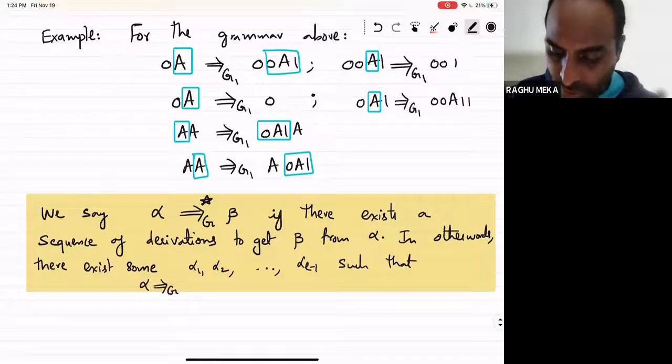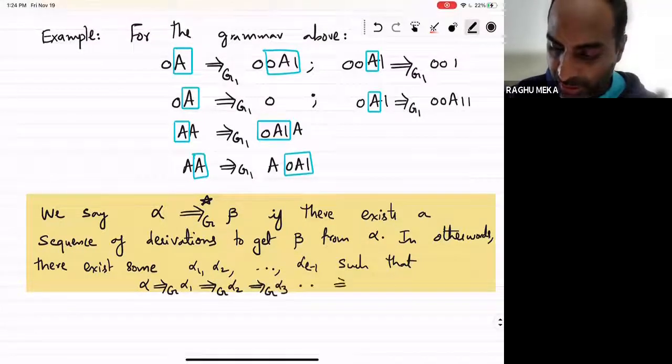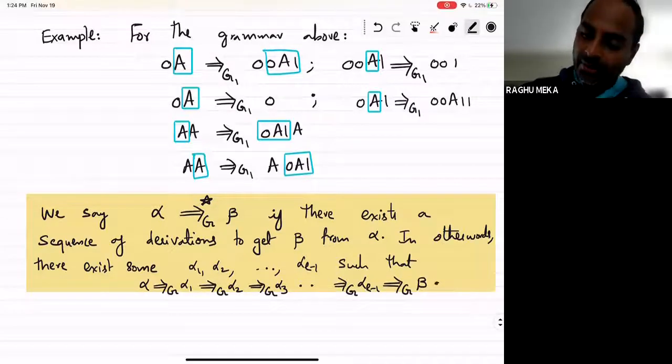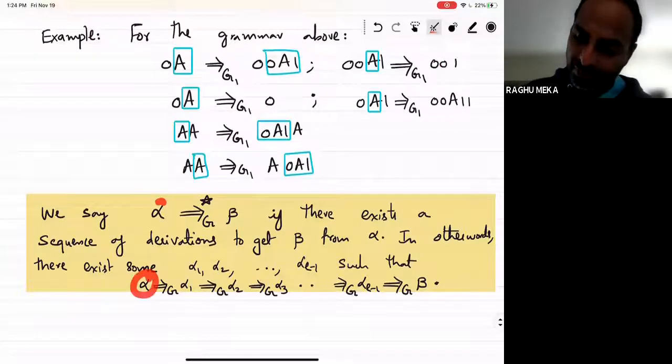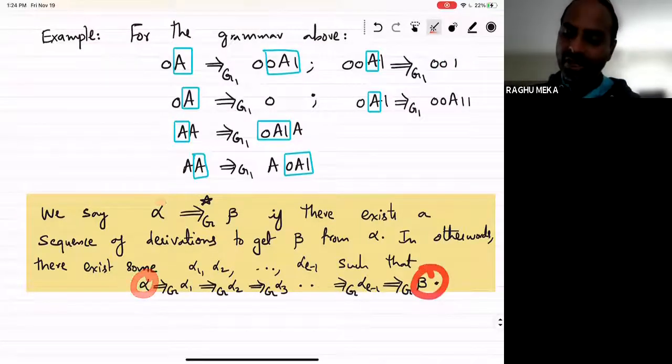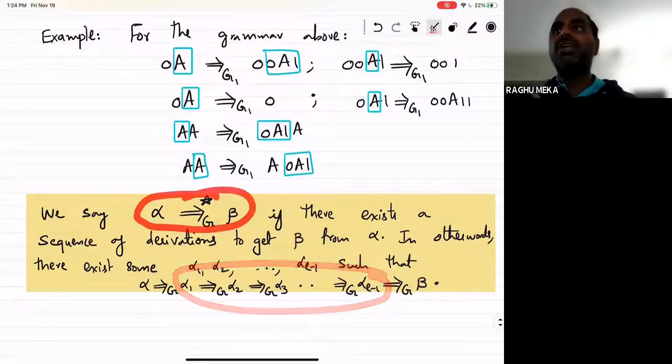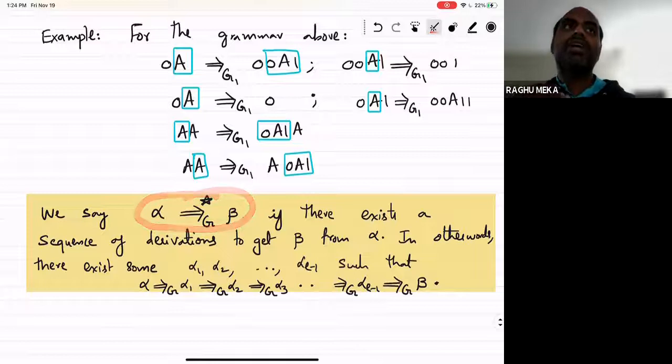I apply one rule to get alpha 1, another rule to get alpha 2, another rule, alpha 3, and so on, finally ending with beta. All of the rules are in the same grammar. By chaining these, I'm going from alpha to beta, and we're forgetting what happened in between. I'm just storing whether or not the string beta can be derived from alpha.